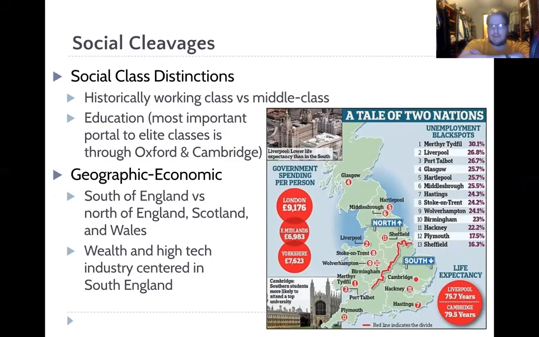And this image, that I think came from either the BBC or the Times, shows a line of demarcation in terms of where the north and the south tend to be identified.